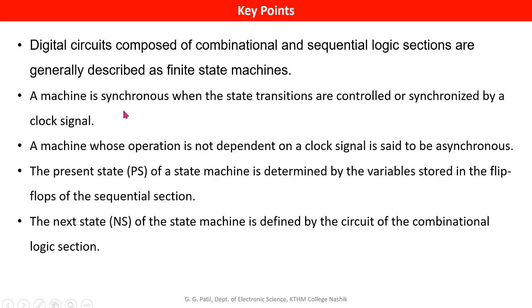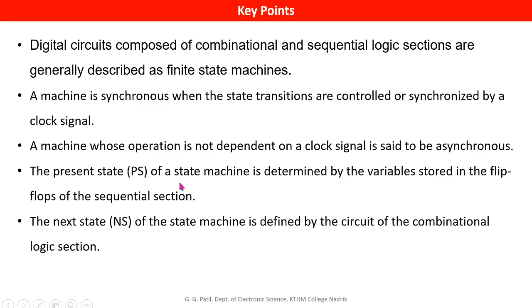The synchronous machine definition is given here. A machine is said to be synchronous if the state transitions are controlled or synchronized with a clock signal. A machine whose operation is not dependent on a clock signal is said to be asynchronous. That is the distinction between synchronous machine and asynchronous machine.